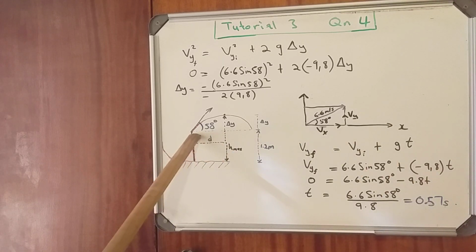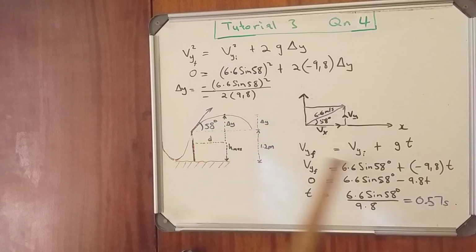So t is equal to 6.6 sin 58 degrees over 9.8. We make t the subject of the formula, divide by 9.8, and we get 0.57 seconds. So that is our time.